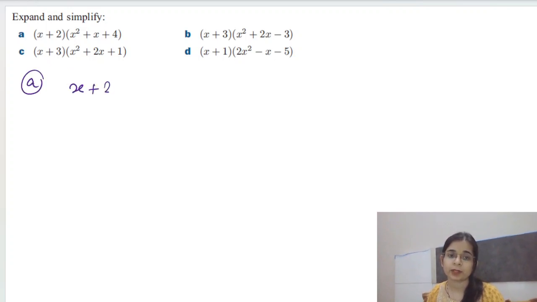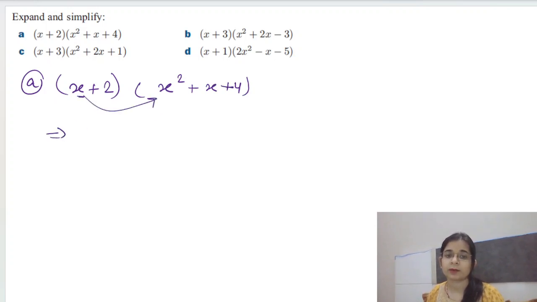So x plus 2 is the first expression which is getting multiplied with this second expression. Now first term getting multiplied with the first term, x multiplied by x square, x cube.